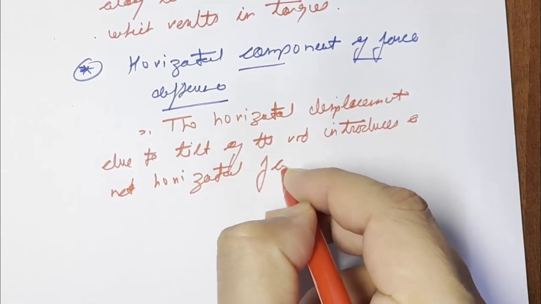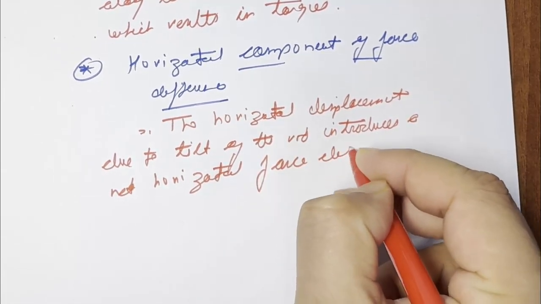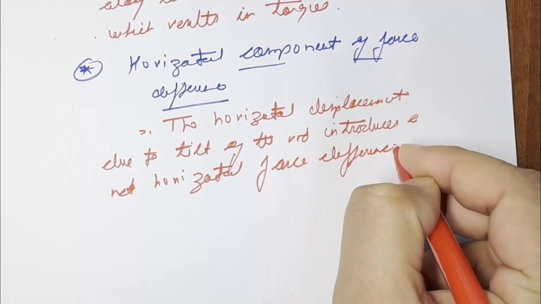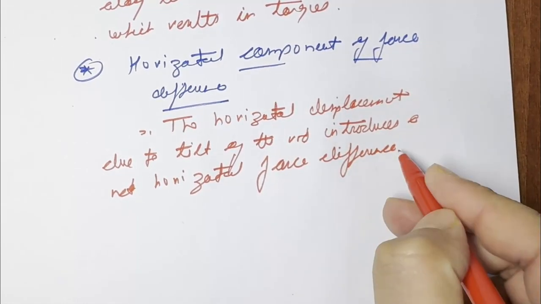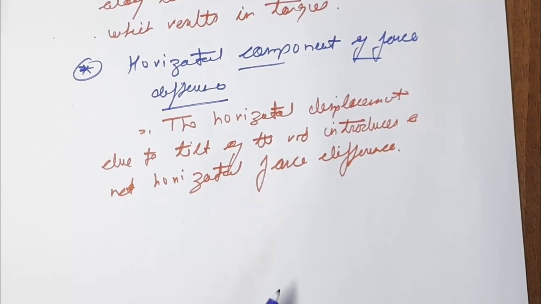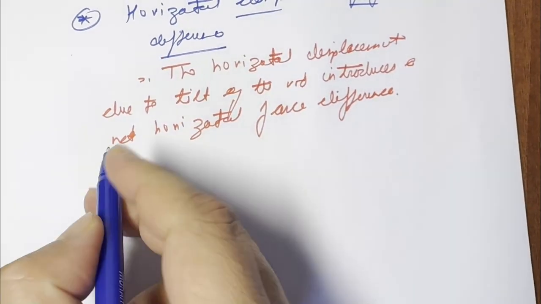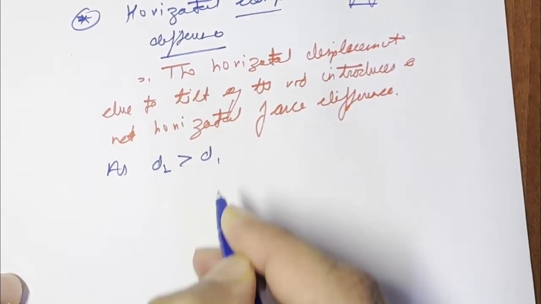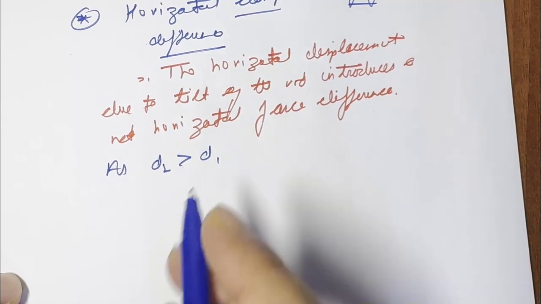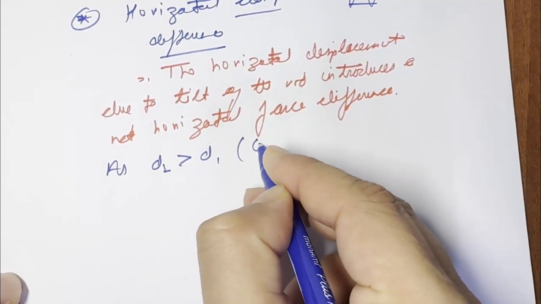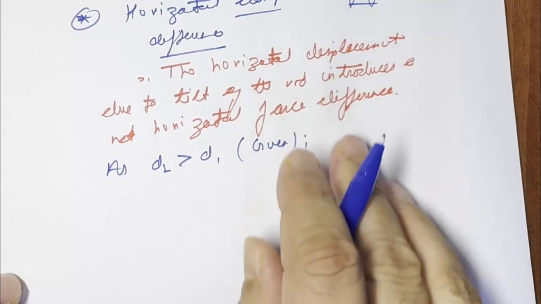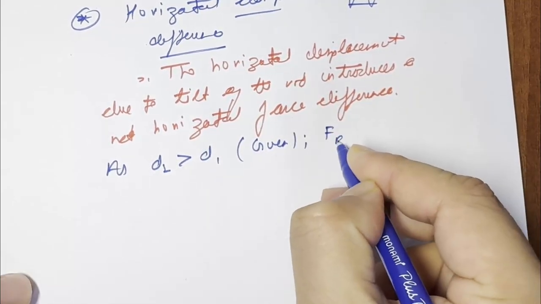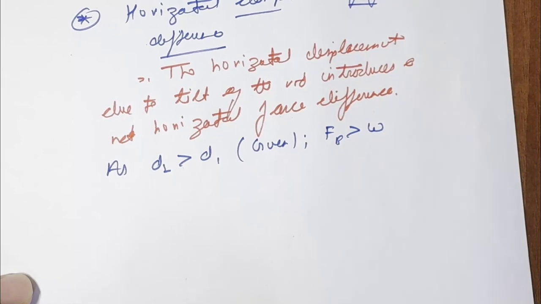A net horizontal force difference, and as it is given that the density of the liquid is greater than the density of the rod, from here we can say the buoyant force will be greater than the weight.